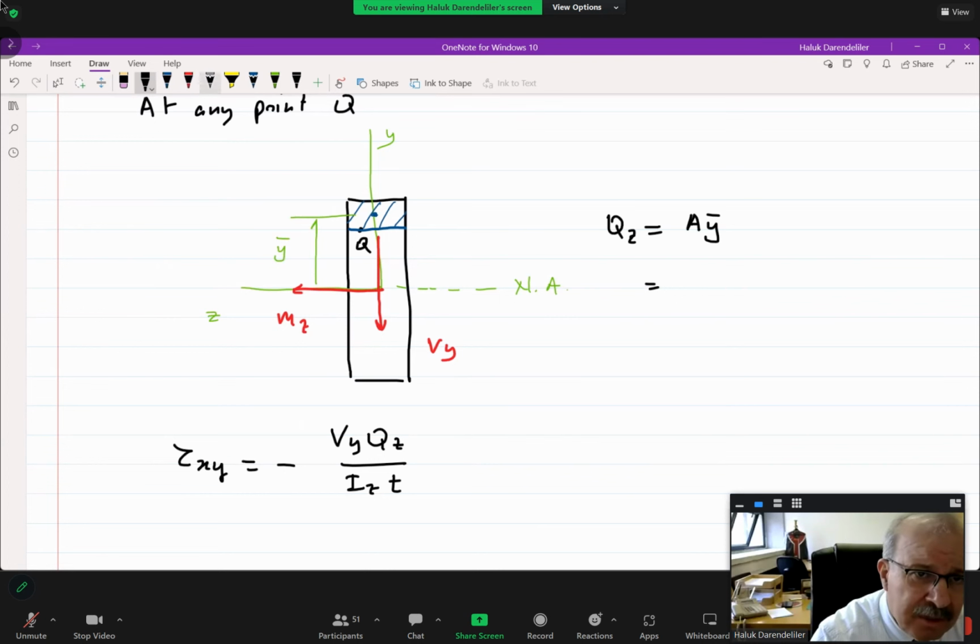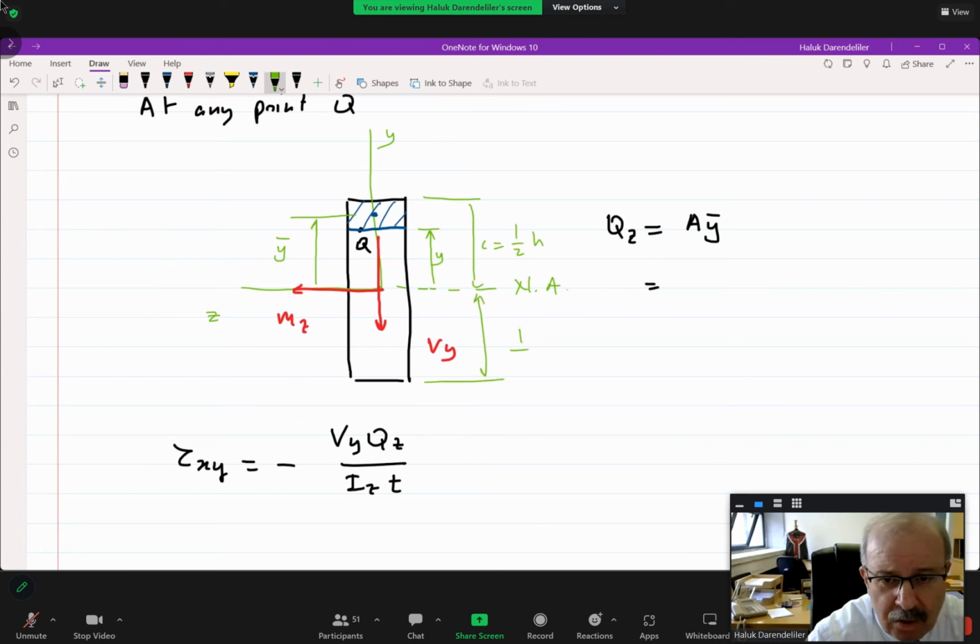Let me put a few data also. Say that this Q is y away from the neutral axis. Say that this is c, which is equal to 1 over 2 h, and this is also c, which is equal to 1 over 2 h. And let us say that this is b. Now, what is the area?